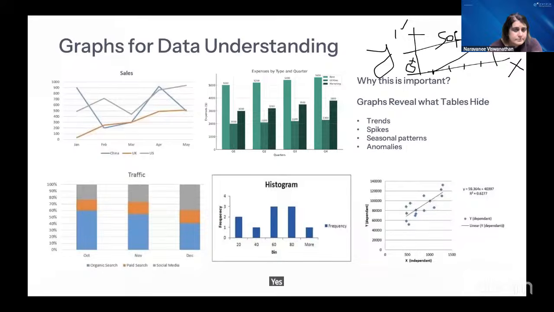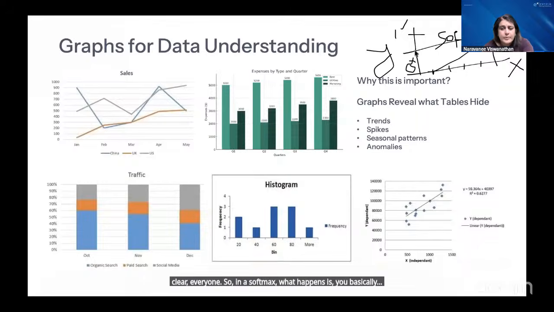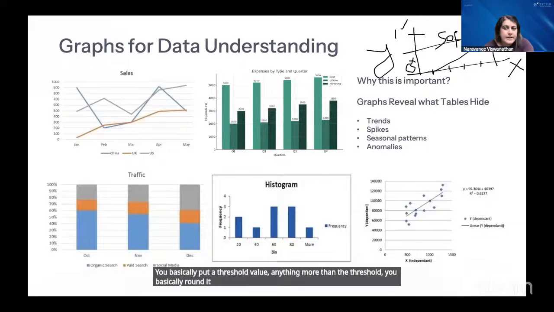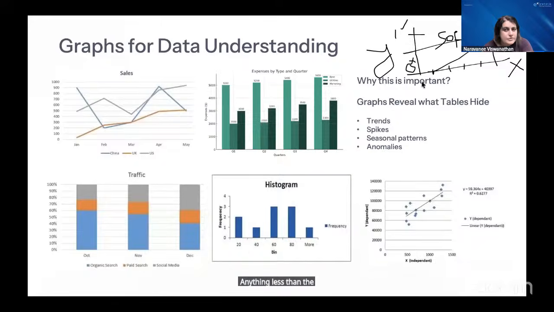In a softmax, you put a threshold value. Anything more than the threshold, you round to 1. Anything less than the threshold, you round to 0. By default, the threshold is 0.5, but you can change it.